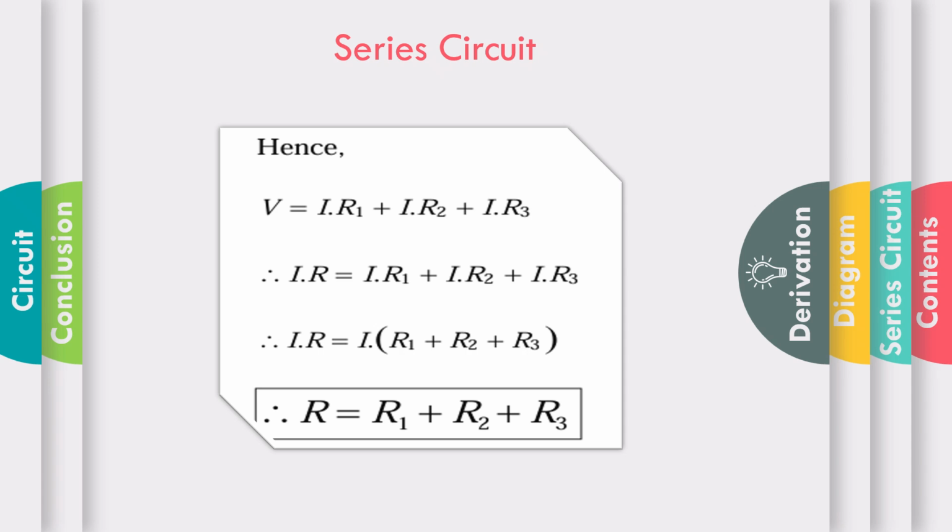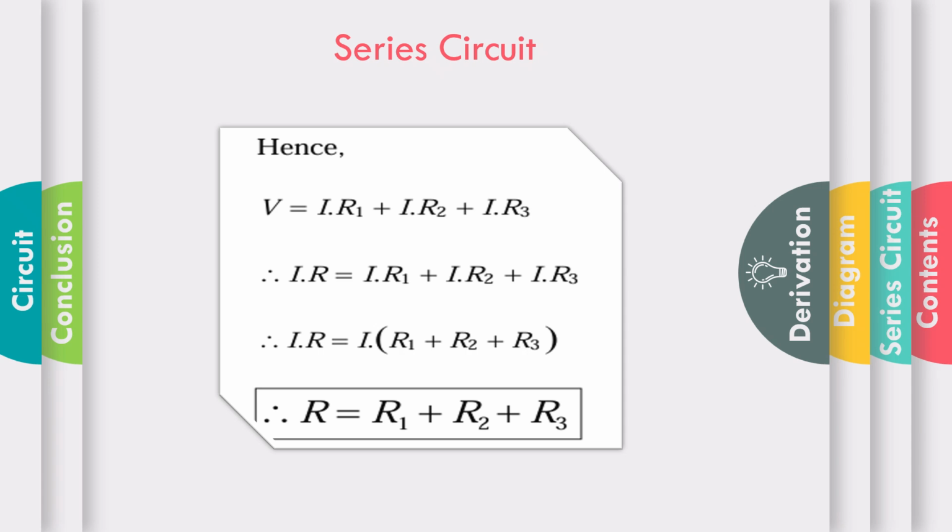Take I common. I into R is equal to I in bracket R1 plus R2 plus R3. I will cancel and we will get the total resistance R is equal to R1 plus R2 plus R3.